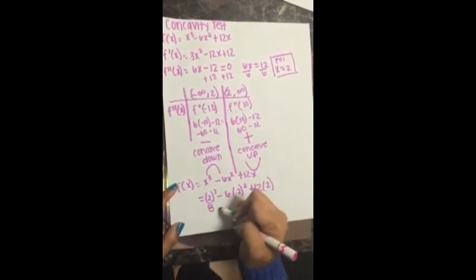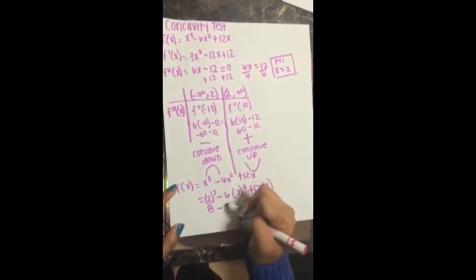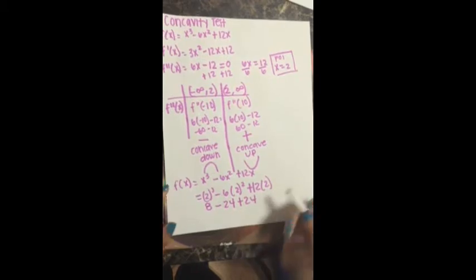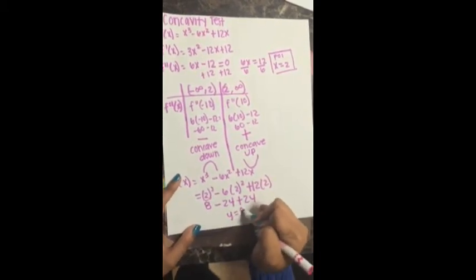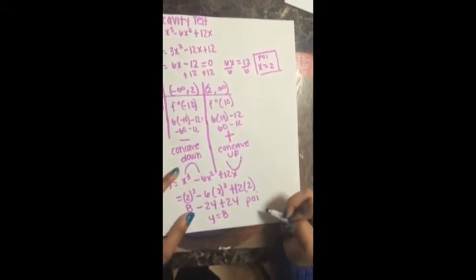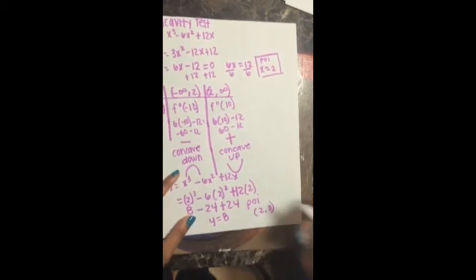So this would give us 8 minus 2 squared is 4 times 6 is negative 24 plus 24. So our y would be 8, and when we put it together we would see that our POI is at 2, 8.